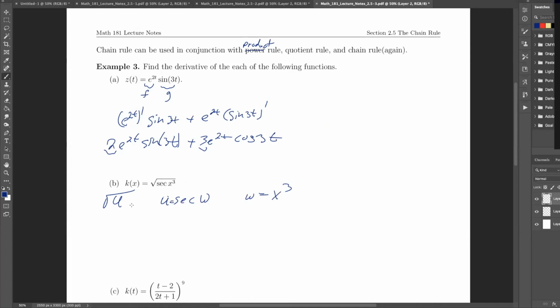Here I actually have kind of a long list of things. I need to take the derivative of this, which produces something, and when I take this derivative, it's going to produce another thing. Let me see if I can explain that as properly as possible. So here I'm going to have f prime, u prime, w prime. That's what's going to happen here.